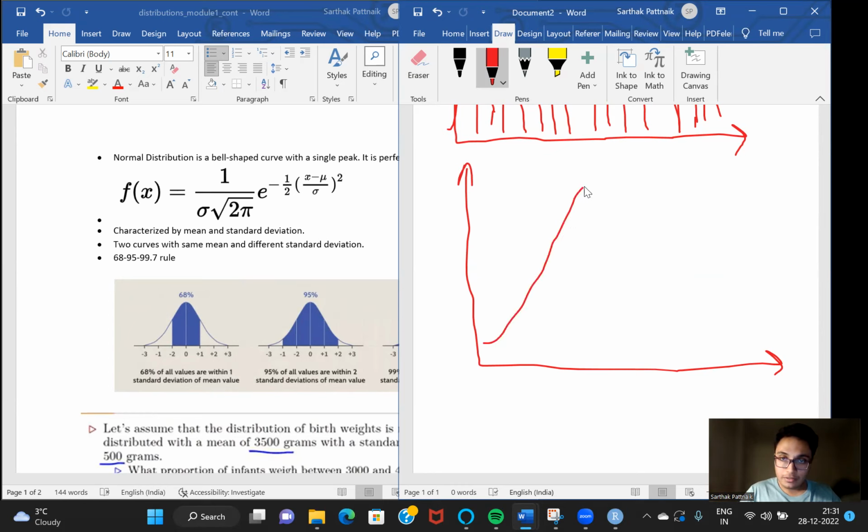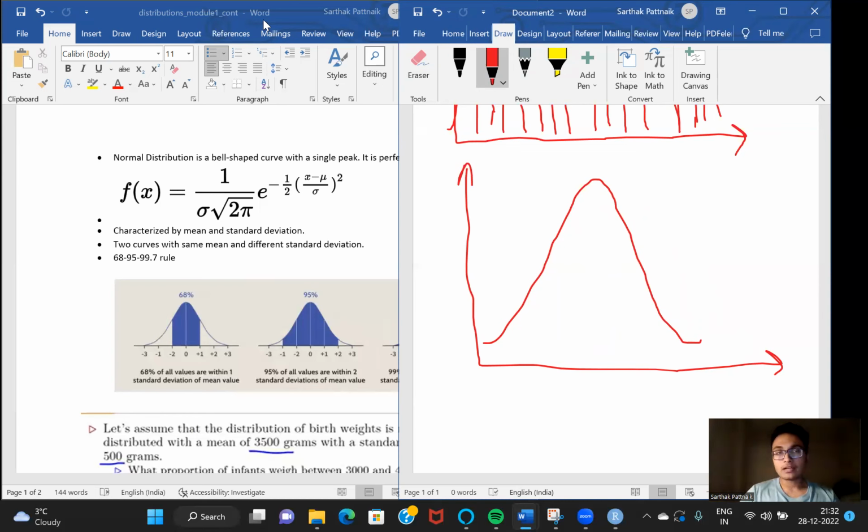It will start to increase, then hit a singular peak point, and from there start decreasing. Somewhat like this. This distribution is referred to as the normal distribution, or the bell curve.